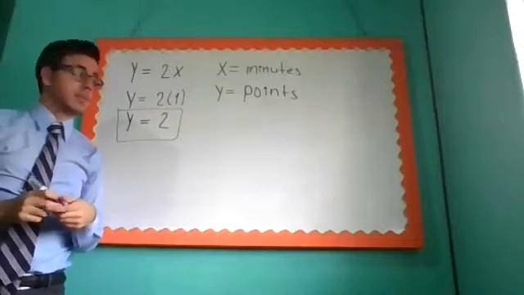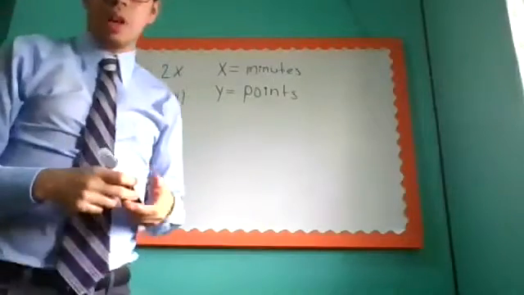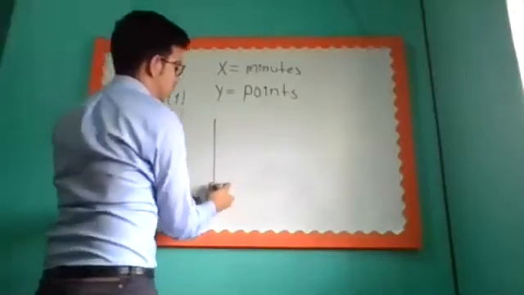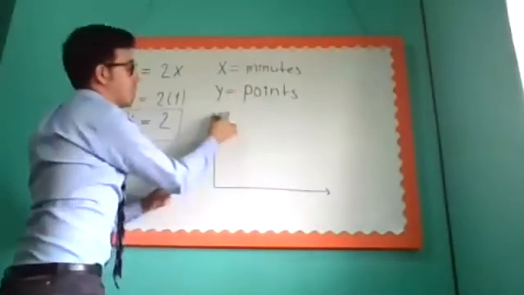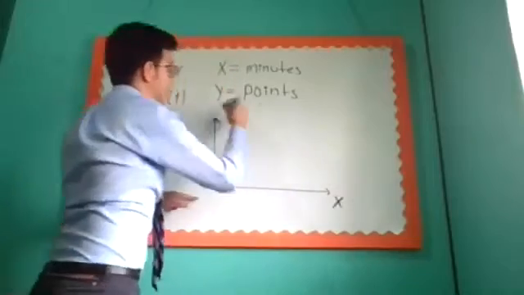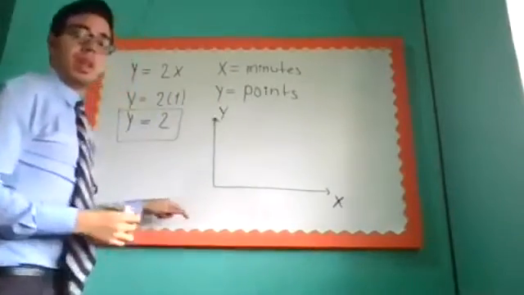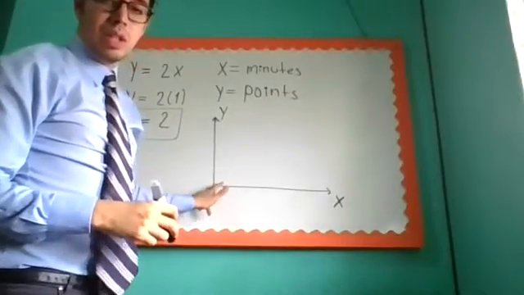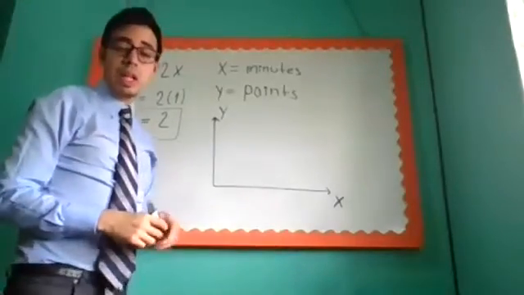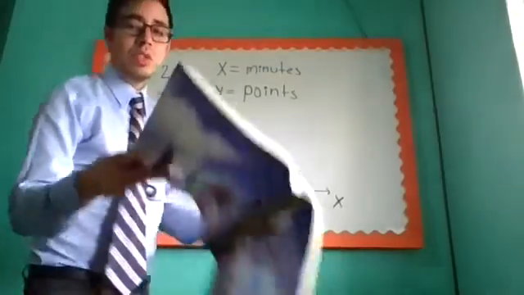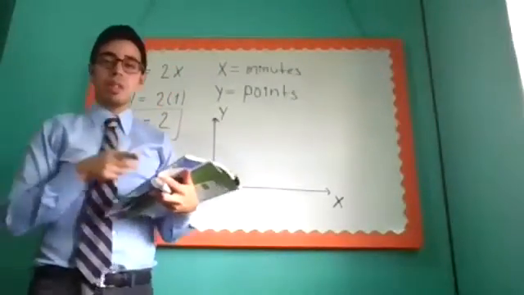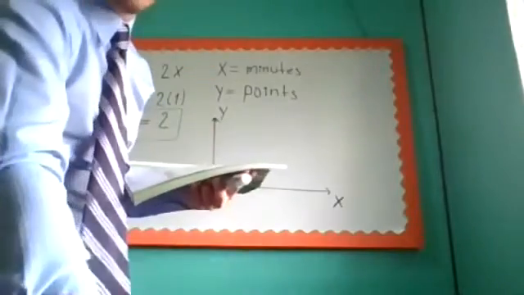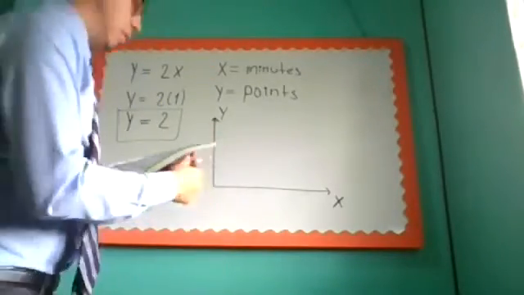This is for Brianna. But now we have the graph for Daniel's score. This is the part for the x and this is for the y. You have 0 and 0 at the origin, the beginning. When Daniel has 1 minute, look at the x axis: how many points does he earn? 3 points.